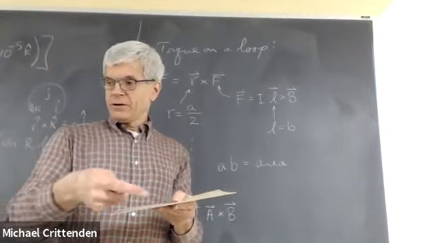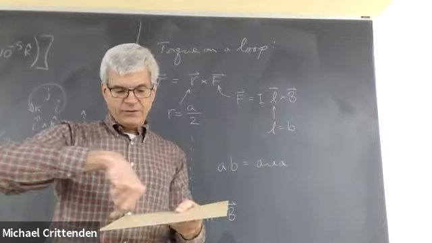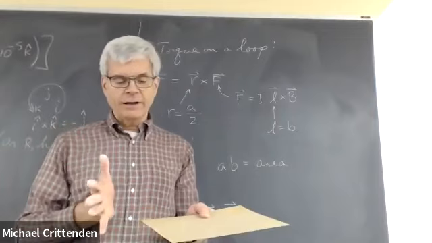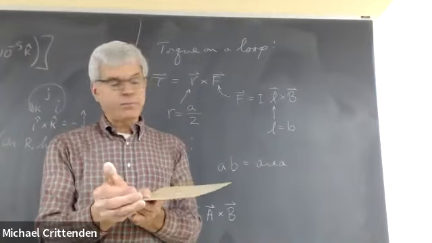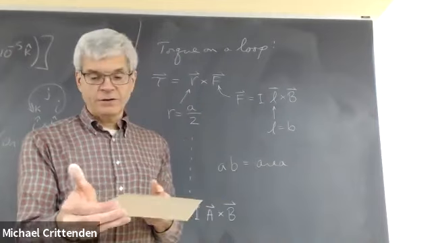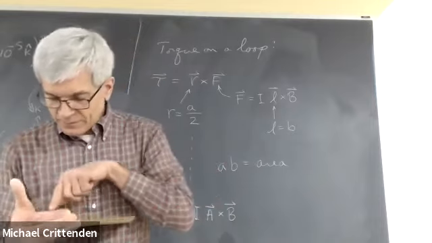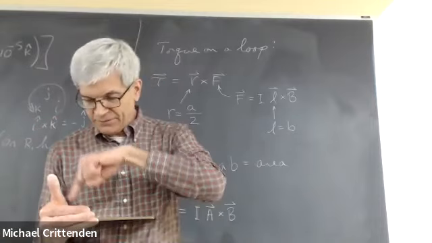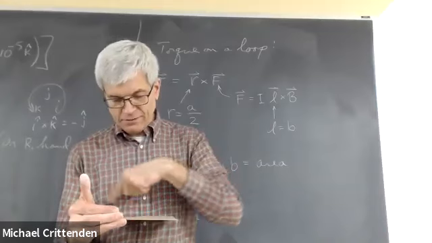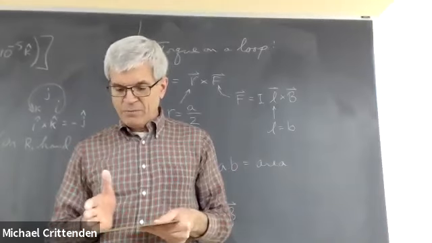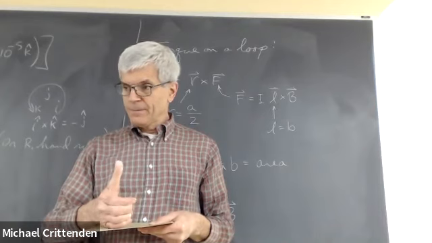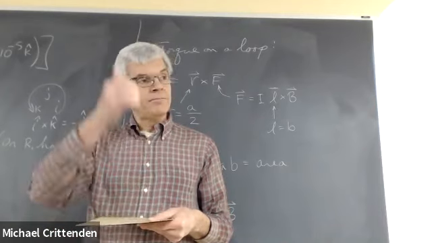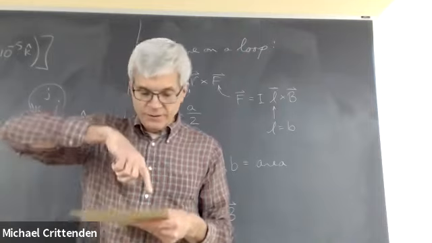Whatever direction the current is flowing around the edge of this, flowing around the loop of wire, you grab the loop of wire with your fingers pointing in the direction that the current flows. So, looking down at this from above, if the current is going around counterclockwise like that, I get my fingers pointing counterclockwise. My thumb points in the direction of the area vector.